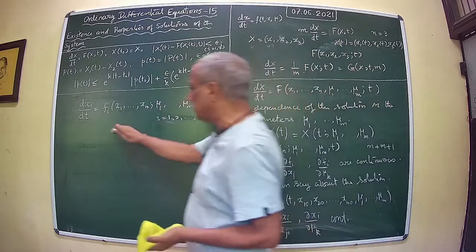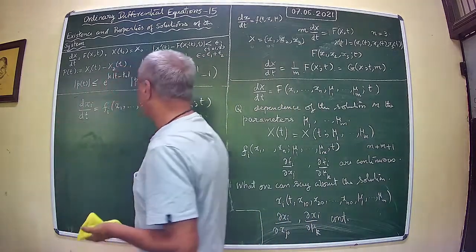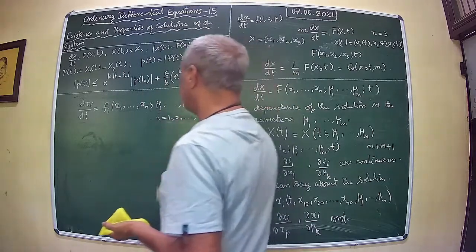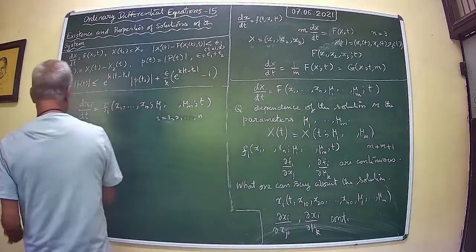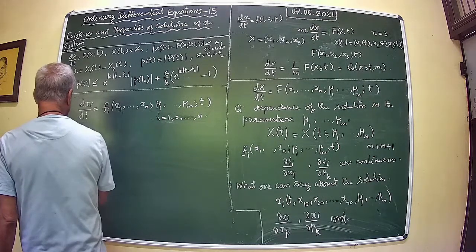What we do is we introduce some ad hoc equations. The ad hoc equations are, consider the mu's also as variables and you adjoin to this m equations, d mu_j by dt equal to 0.